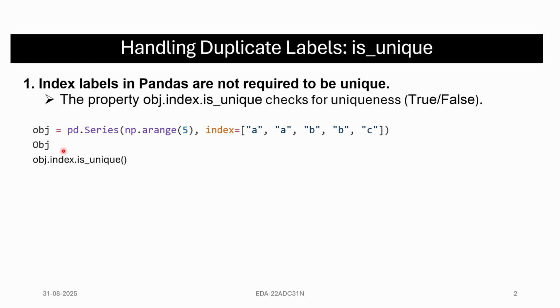Here let us see with an example. obj equal to pd.Series(np.arange(5), index equal to a, a, b, b and c). If you try to use obj.index.is_unique, it returns false because the indices a and b are repeated twice, which are not unique. That is why it returns false.